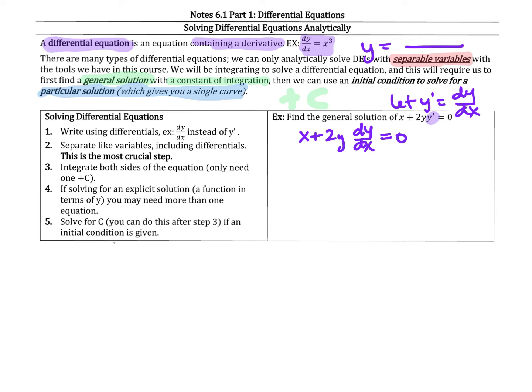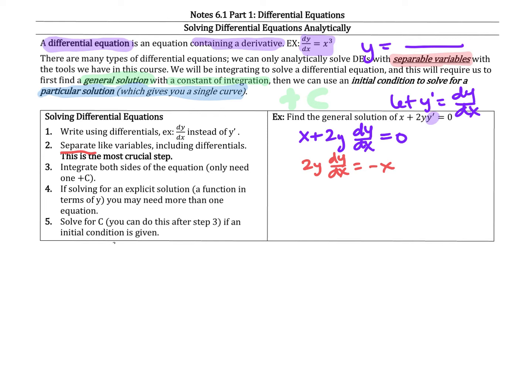The second step says that we want to separate like variables. So I want to get all of the x's on one side and all of the y's on the other. So I'm going to subtract x on both sides. So 2y dy/dx equals negative x. And I still see that I have dx on the left-hand side of this equation.